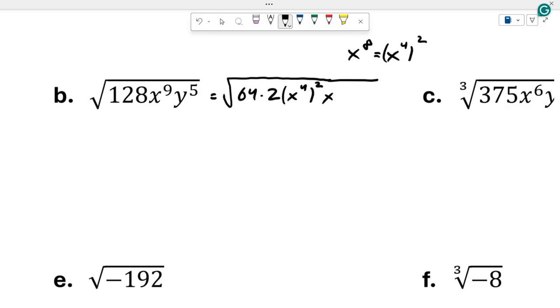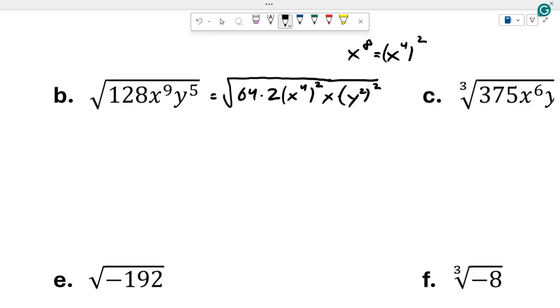I'm going to do the same thing with the y's, all right? I want to express y as y to the something squared, and I want to pull as many of the y's as I possibly can into this thing. Well, I have y to the 5th. So I know that y to the 4th, because it's even, I should be able to express as this.